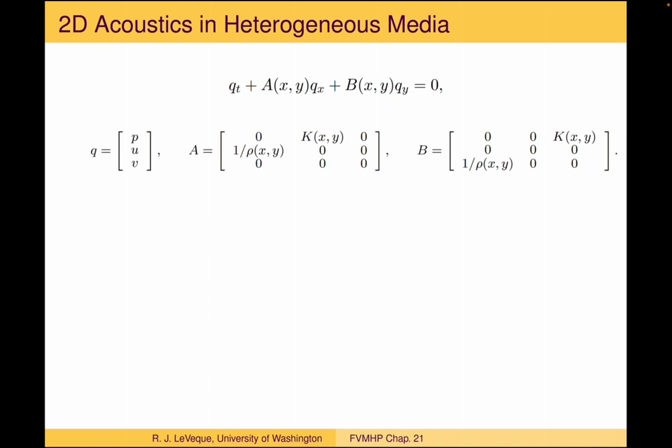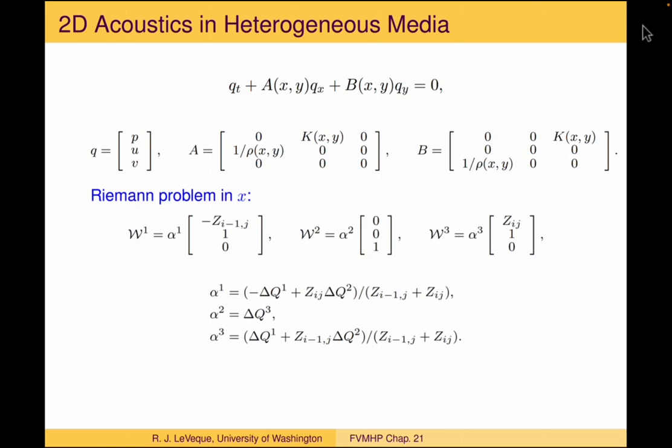So now let's turn to two space dimensions. The two-dimensional acoustics equations with variable coefficients have exactly the same form as the constant coefficient case, but now again rho and K can be functions of x and y in two space dimensions. And so we can define a Riemann problem in the x or y direction at each cell interface.